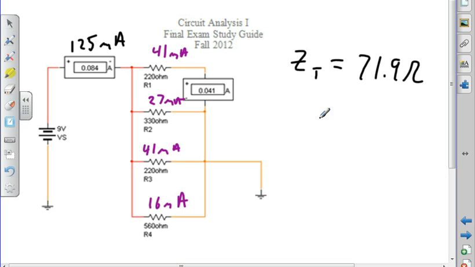How short am I? 125 minus 84 is 41. Okay, so either he's open or he's open, right? The first one's not open because it's showing 41. This can't be open because I have current going through him.